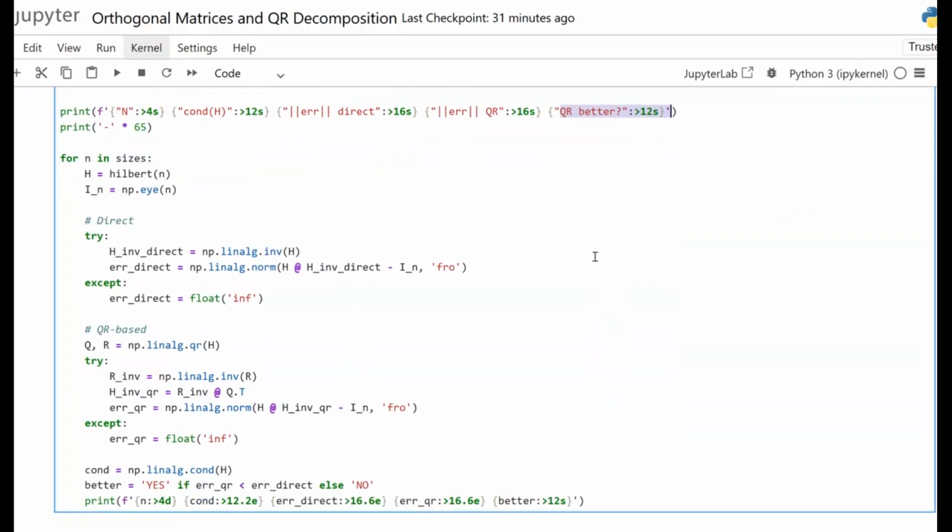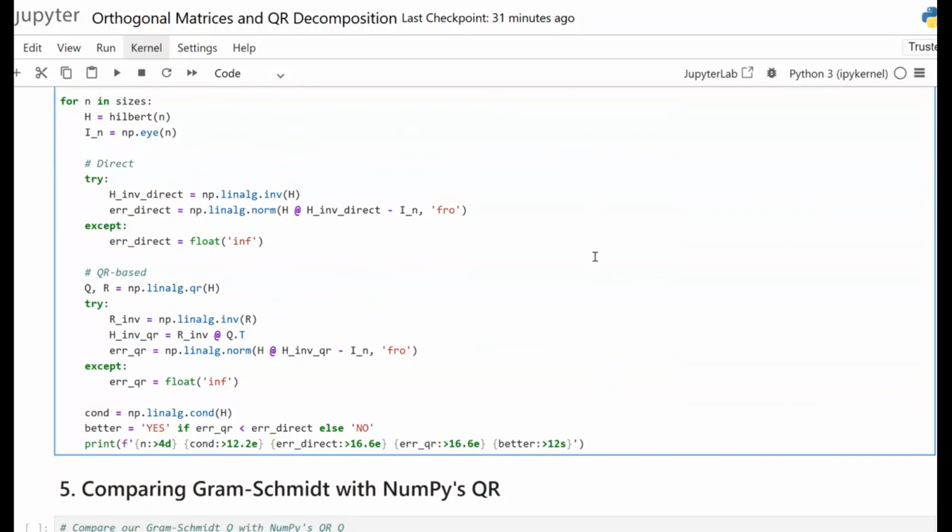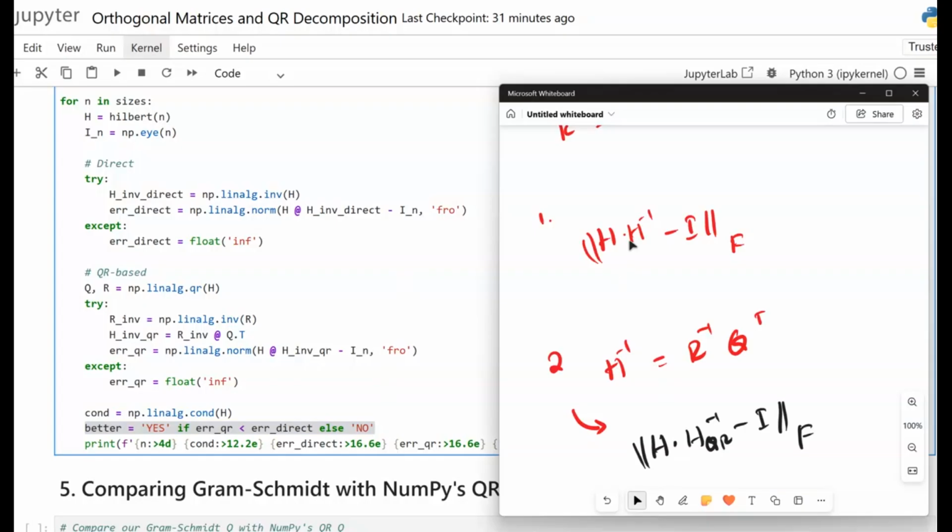And here we are expecting the behavior that if n increases, the condition number grows exponentially. Both methods degrade, but the typical pattern is that QR based inverse often yields smaller error, and direct inversion becomes highly unstable.